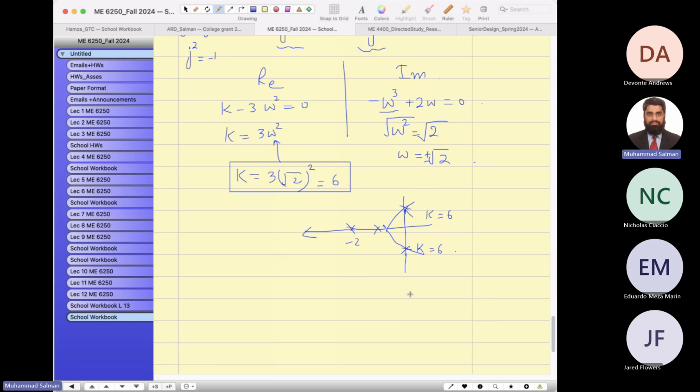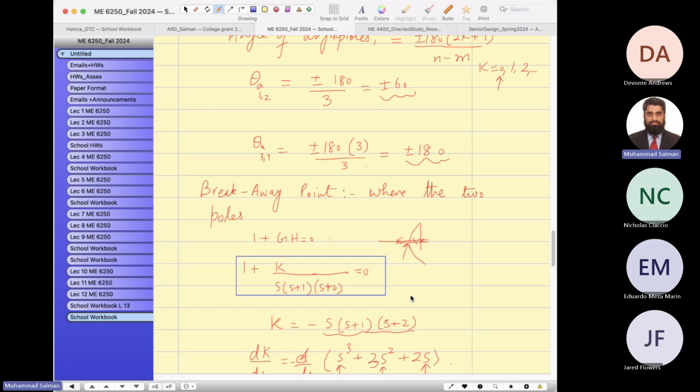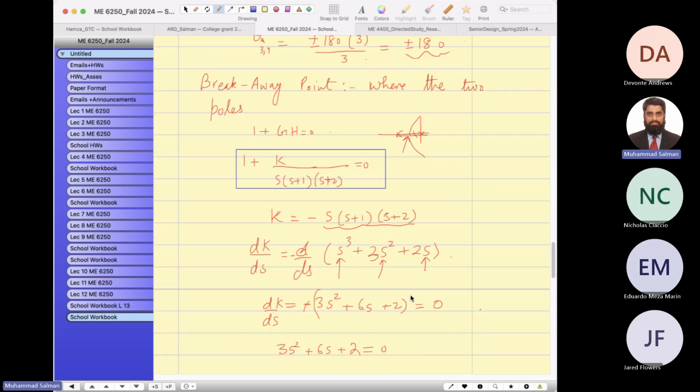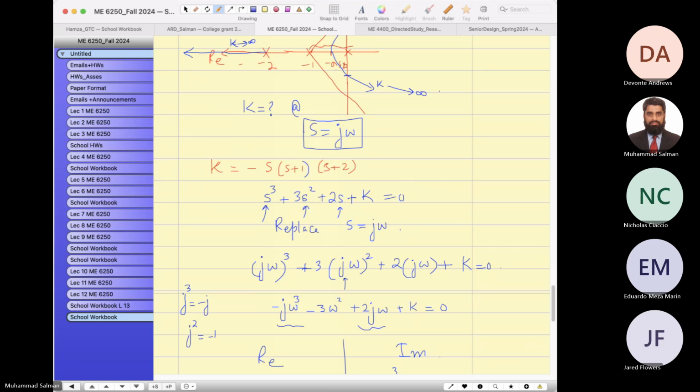Now, the next thing it is asking you, how will you find out if zeta equals 0.5? In the question, let me show you the question again. So over here, the question states, yes.